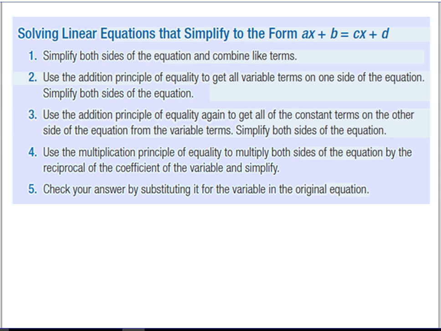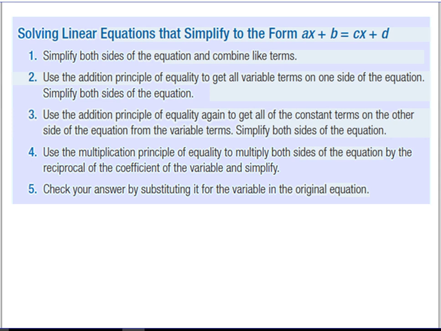And then if you have a coefficient, a front number on your x, such as 3x, you need to get rid of that. It says to use the reciprocal of the coefficients. And so for the example of 3x, the reciprocal would be 1/3 because you're taking that and flipping it. And so multiplying by the reciprocal is the same thing as dividing.